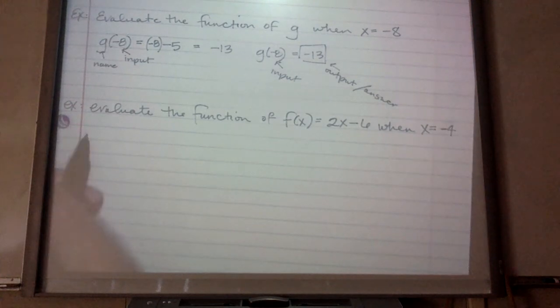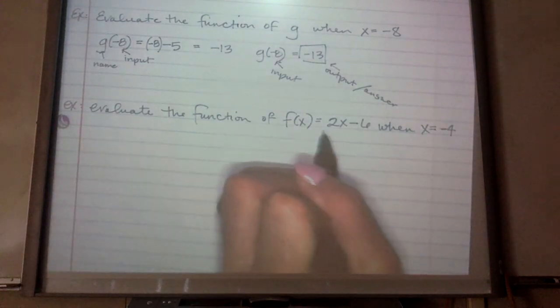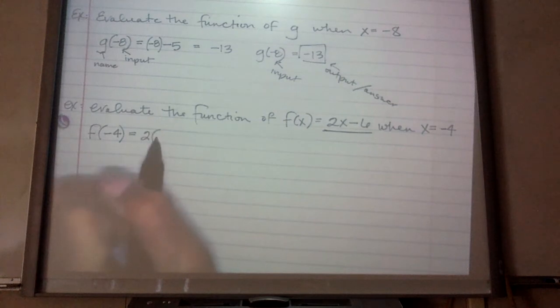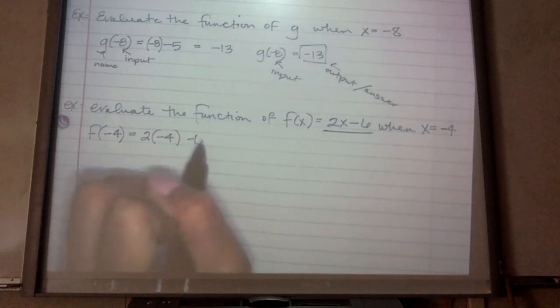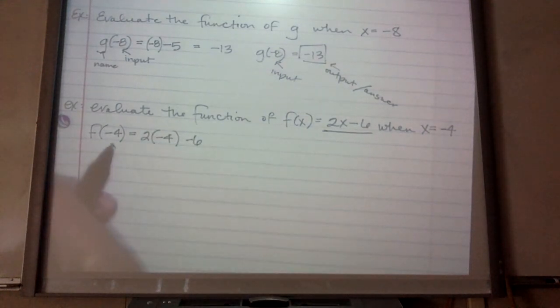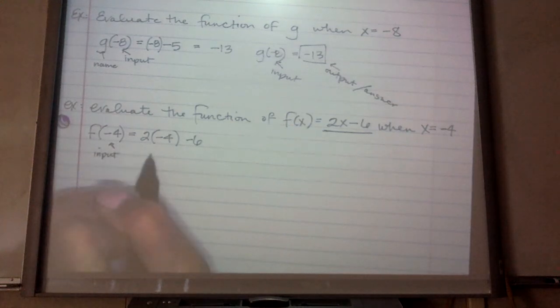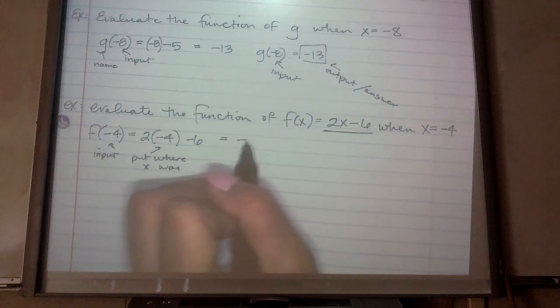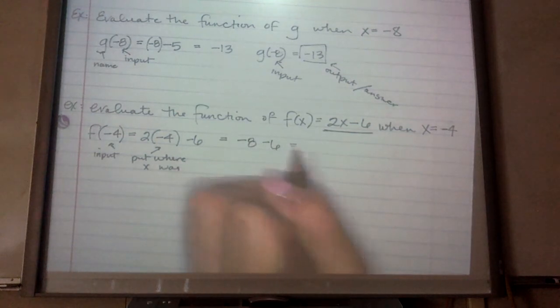So I am using this function, but they're telling me to plug in negative 4. So I'm going to put a negative 4 where x is. So notice, input, put where x was. Okay? So that is negative 8 minus 6, which equals negative 14.